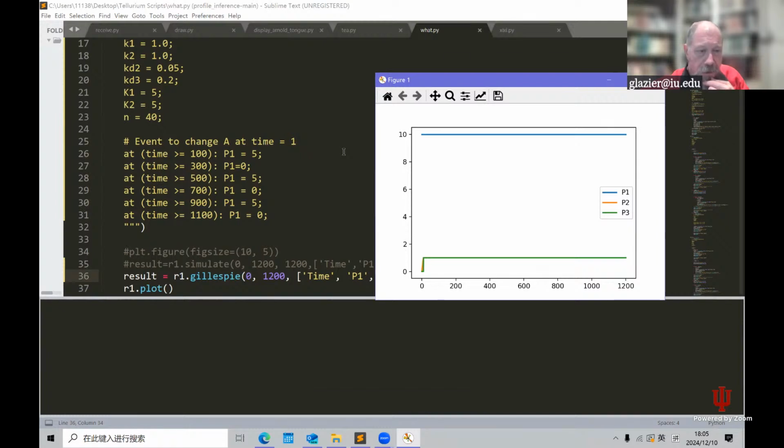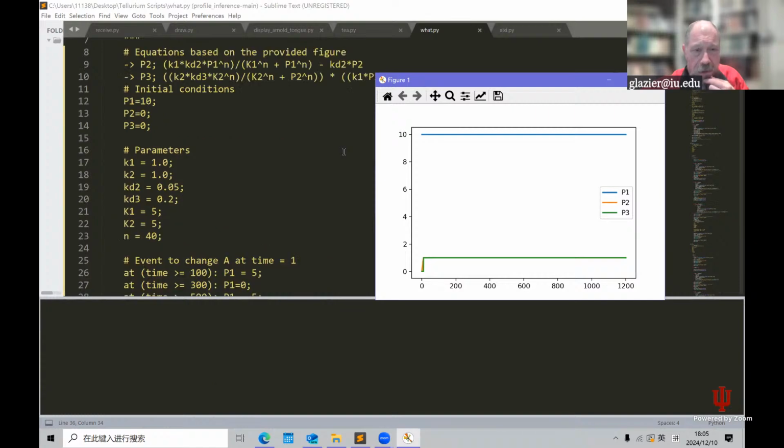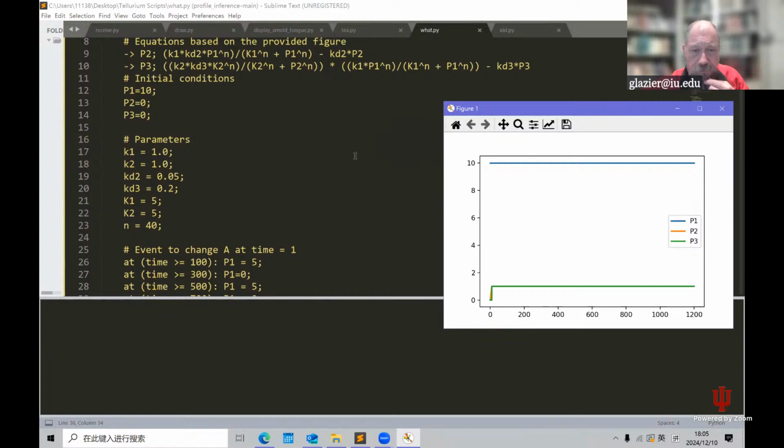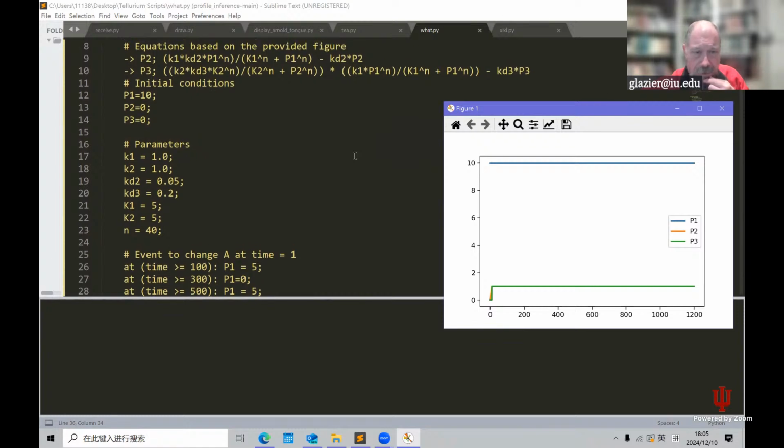Let's see. Let's look at our parameter values. Maybe there's something we missed. Can you scroll up and let's look at the A1, ED3.2.